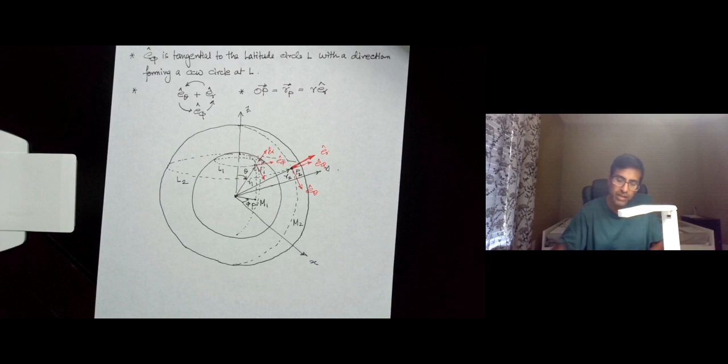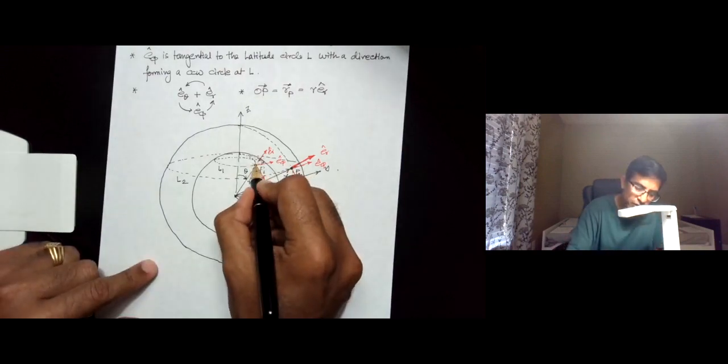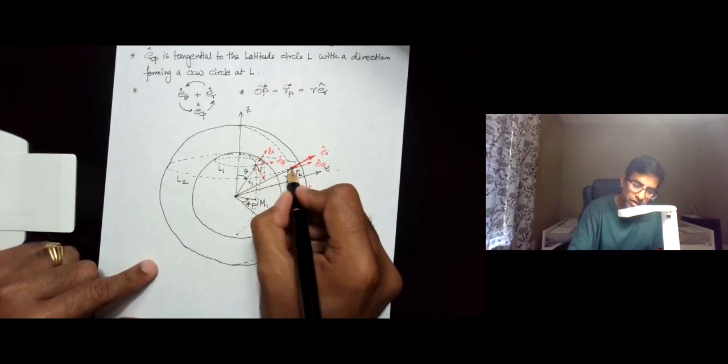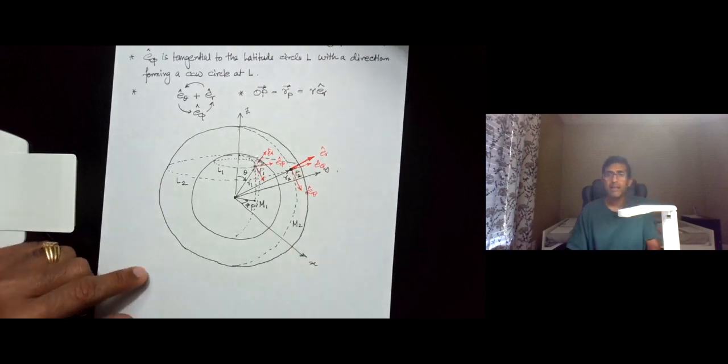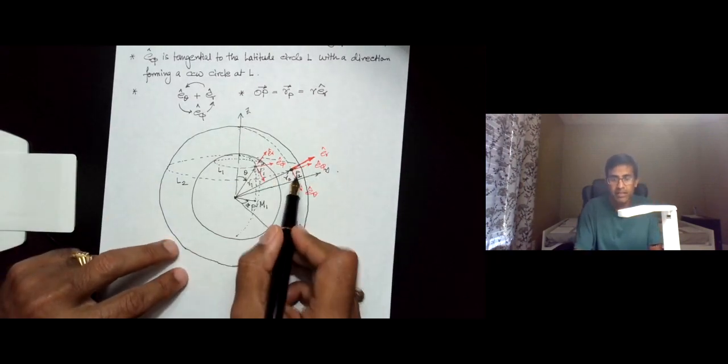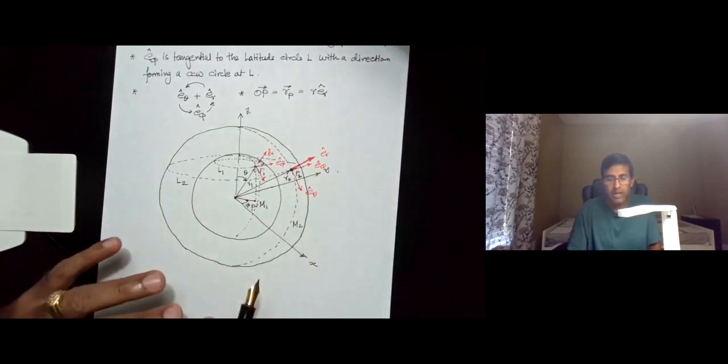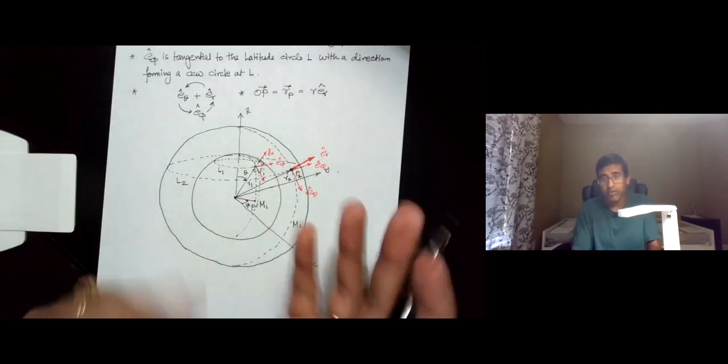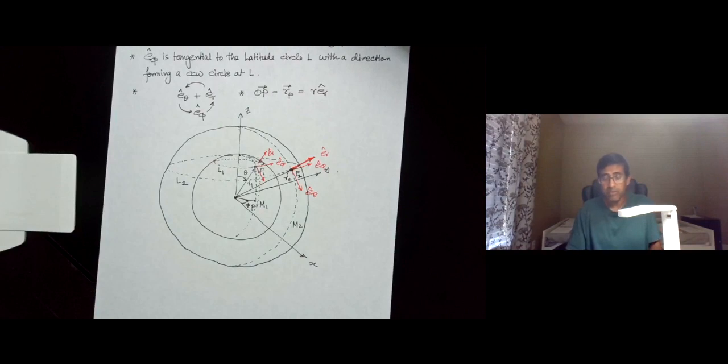And so you see, as the particle moves from this point to this point, taking some path, the spherical coordinate frame actually moves and rotates and moves in the radial direction, but also in the angular direction. And so that's why it's a moving coordinate frame.